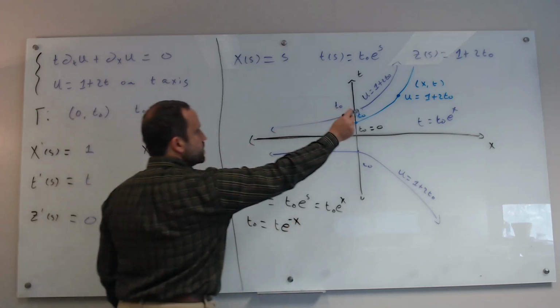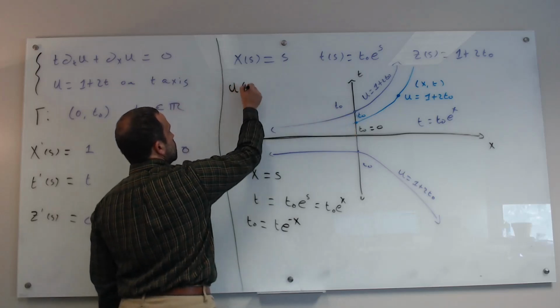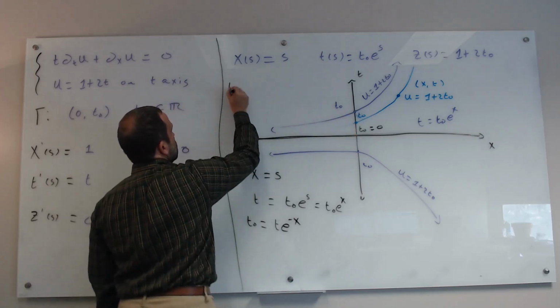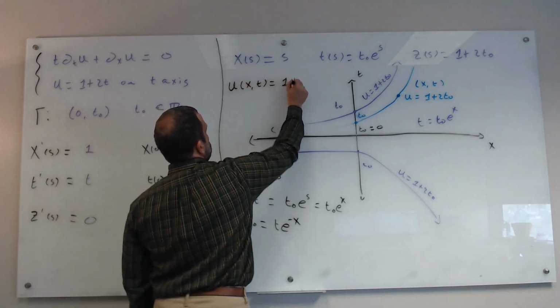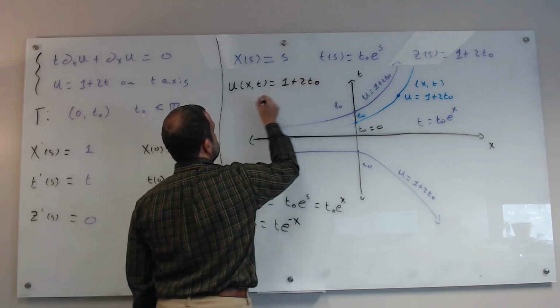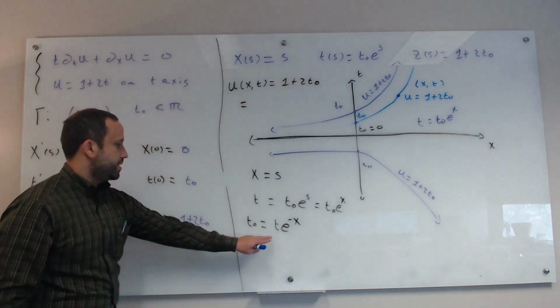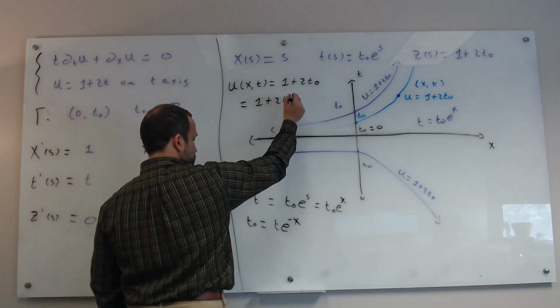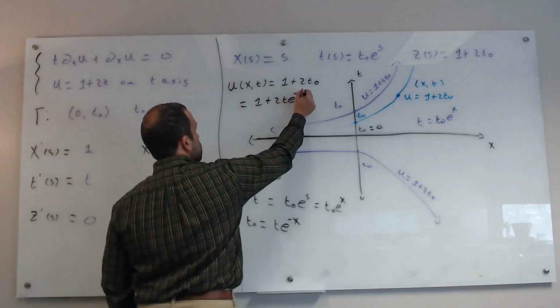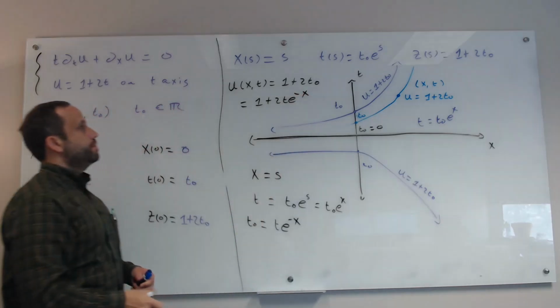Okay, so for that generic point x, t, u of x, t is equal to 1 plus 2 t naught, but this is t naught. This is going to be 1 plus 2t e to the minus x.